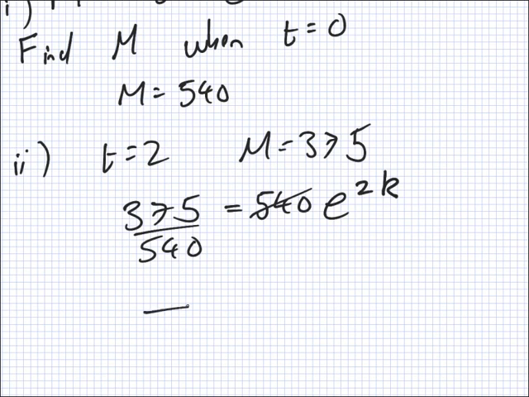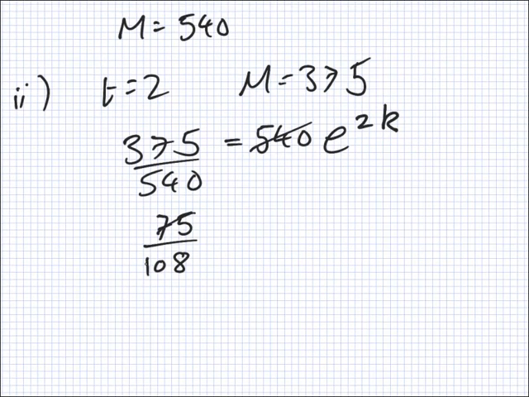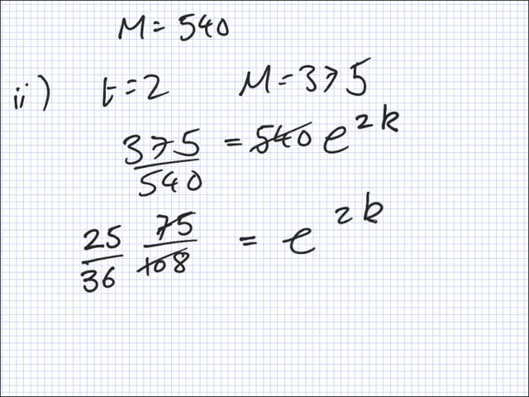So that's 75 over 108. I can divide both of these by 3. So 3 goes into that 25 times, and into this 36 times. So 25 over 36 equals e to the 2k.